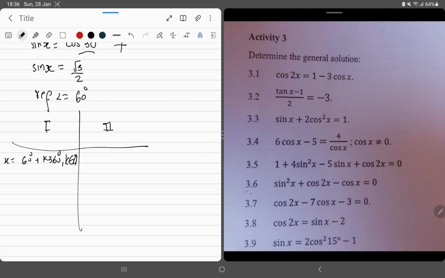K is an element of integers. And then in quadrant 2, this is 180 degrees minus 60, so this is 120 degrees plus k 360. So as you can see, these are not difficult at all. You just have to do a lot of these questions, and then this will become second nature.